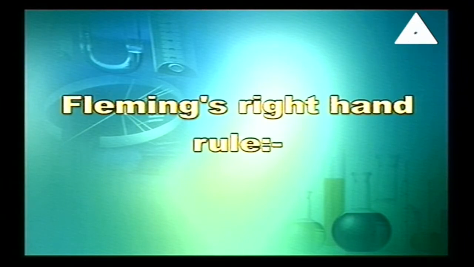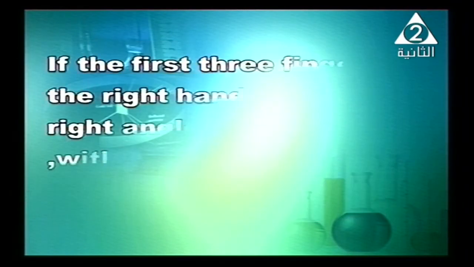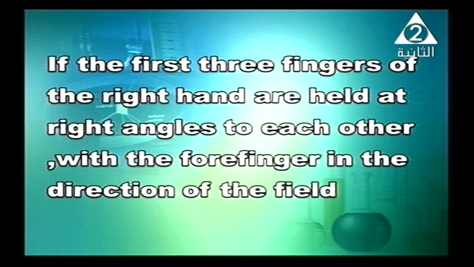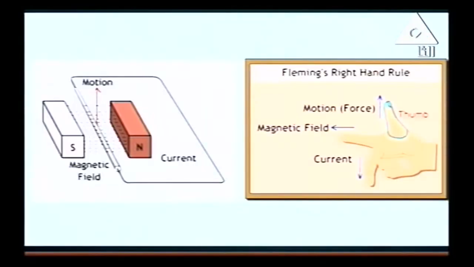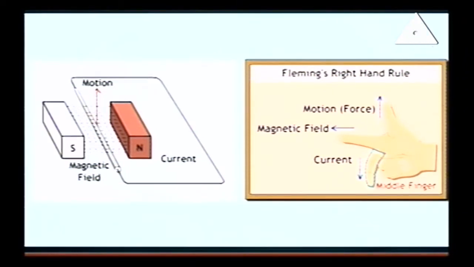Fleming's right-hand rule. What about it? It states that if the first three fingers of the right hand are held at right angles to each other, with the forefinger in the direction of the field, so the forefinger points in the direction of the field, the thumb points in the direction of motion.